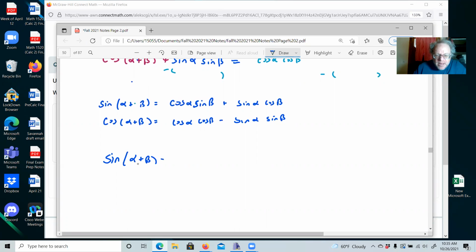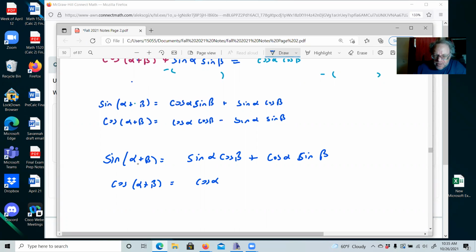Sine of alpha plus beta is equal to sine alpha, cosine beta plus cosine alpha, sine beta. And this one stays the same: cosine of alpha plus beta is equal to cosine alpha, cosine beta minus sine alpha, sine beta.